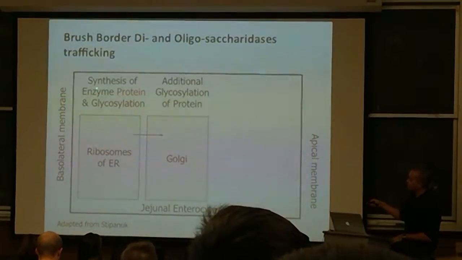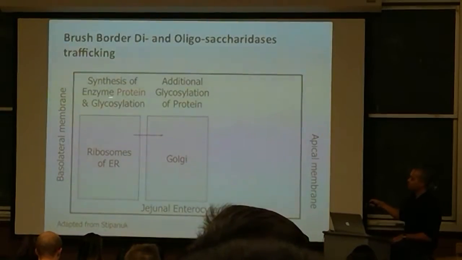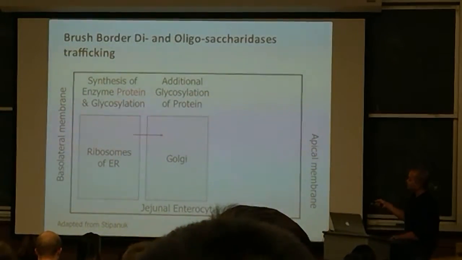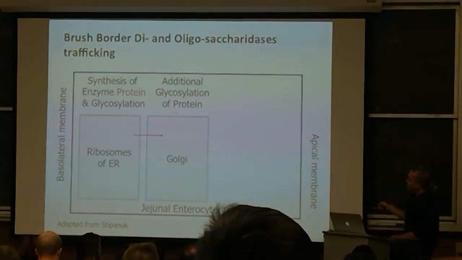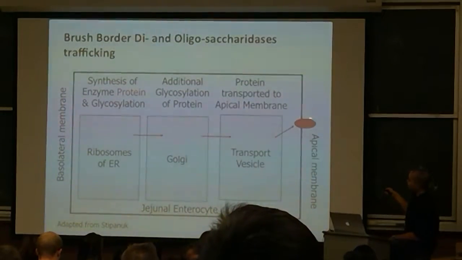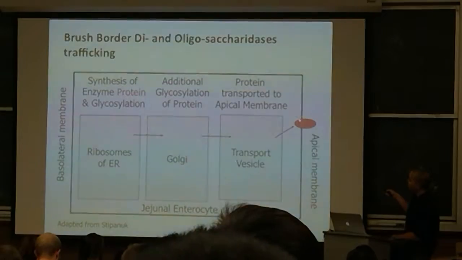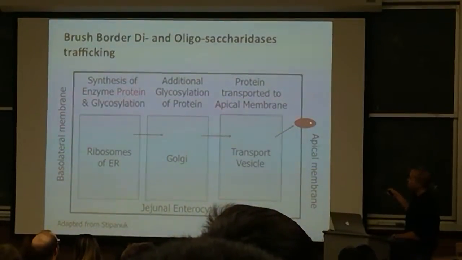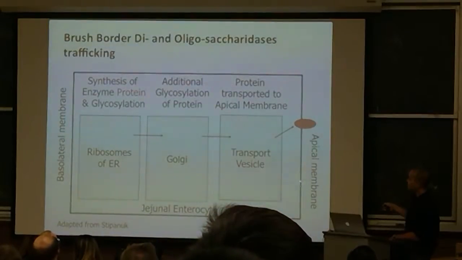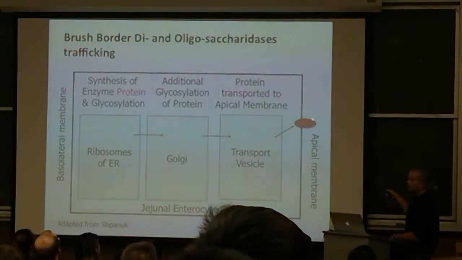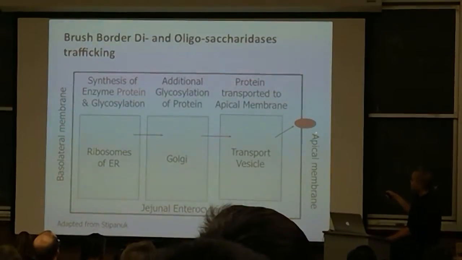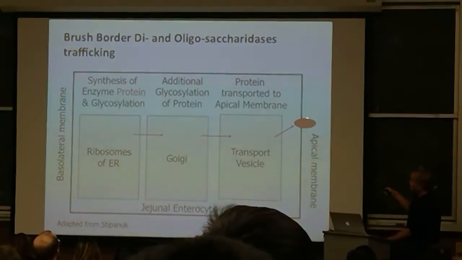So these will be synthesized, they'll be subjected to glycosylation, which is our enzymatic addition of glycans, or sugar molecules, trafficked through the Golgi, and then finally transported via vesicular transport, SNARE-mediated fusion with the plasma membrane, presentation on the apical membrane. Okay, so this is a classic secretory pathway, right? Okay, and so now we'll have these di- and oligosaccharidases present on the brush border membrane.